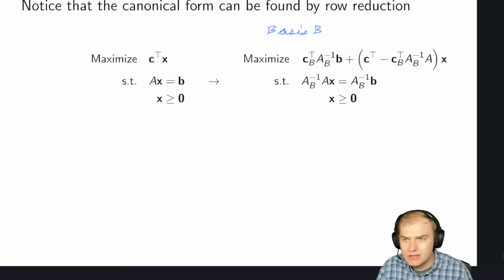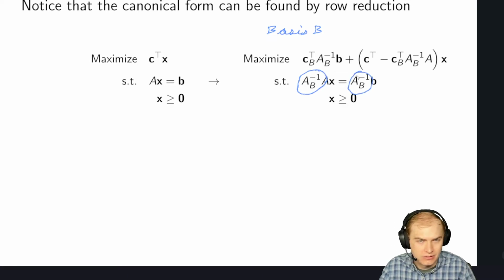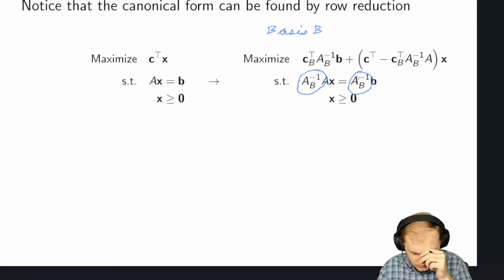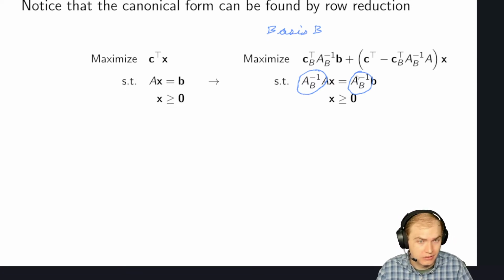This is one of the ways to express the canonical form of that LP in that basis. And notice that we are using our inverse matrix multiplication down here in the constraint section. So we should be able to re-express our transition between these two forms as row operations rather than as matrix multiplications, at least for the constraints.